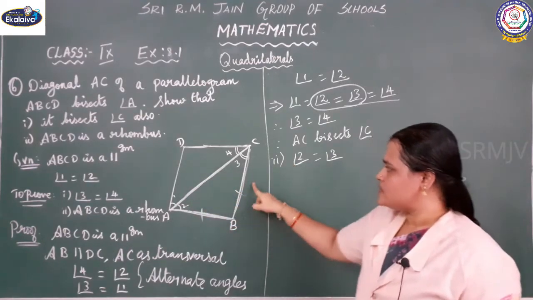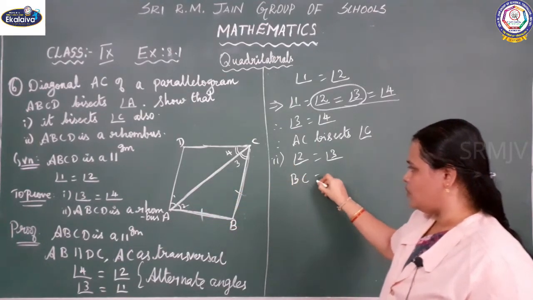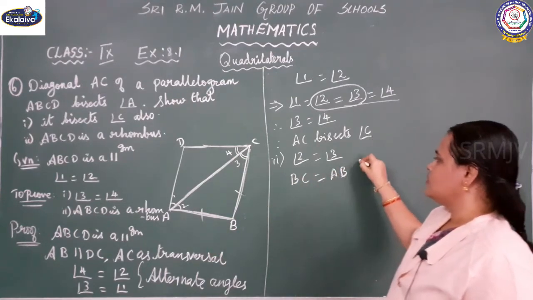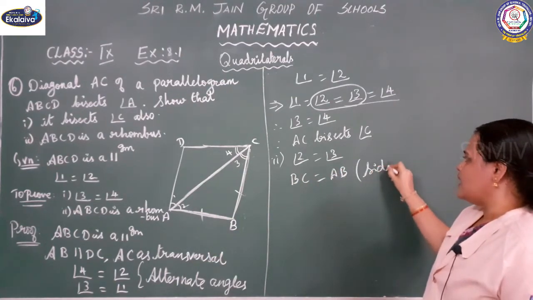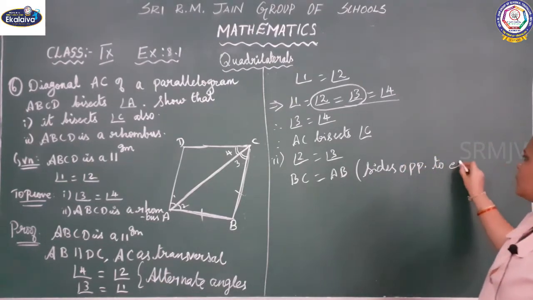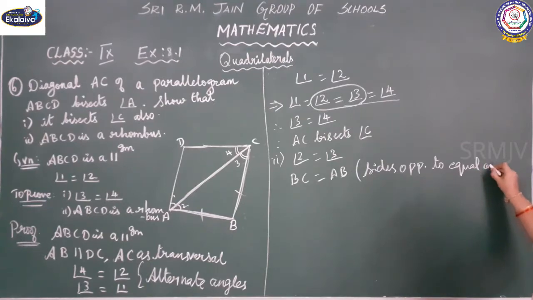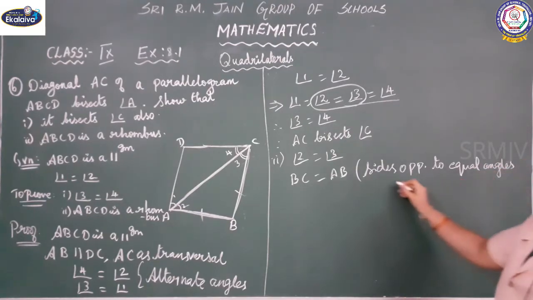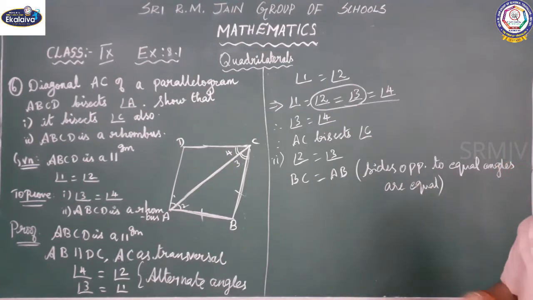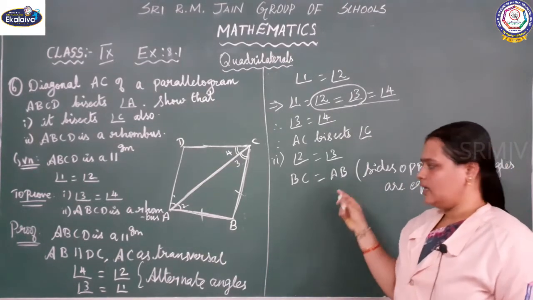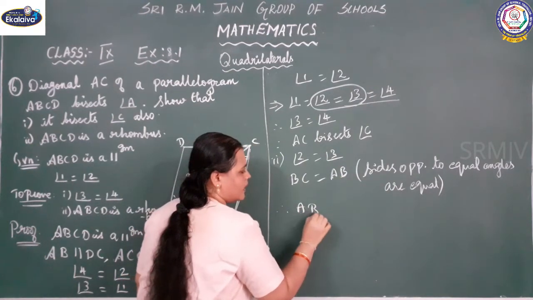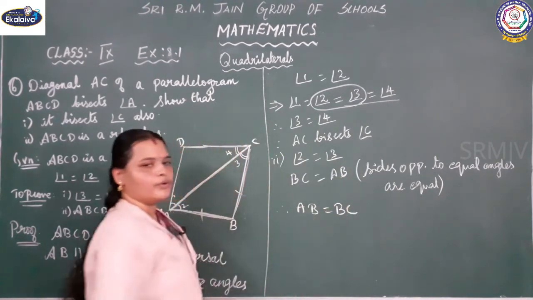The side opposite angle 2 is BC, equal to the side opposite angle 3, which is AB. This is because sides opposite to equal angles are equal. So we have proved that adjacent sides are equal, AB equal to BC.